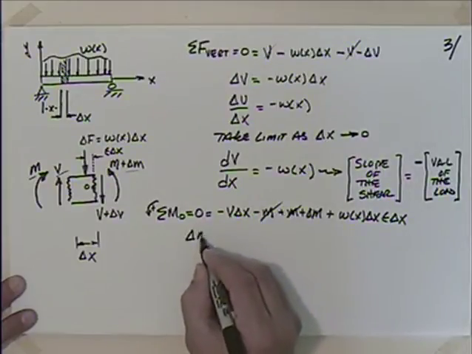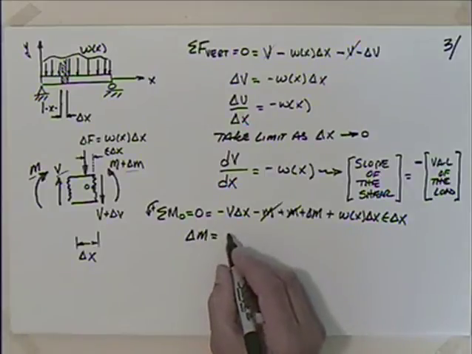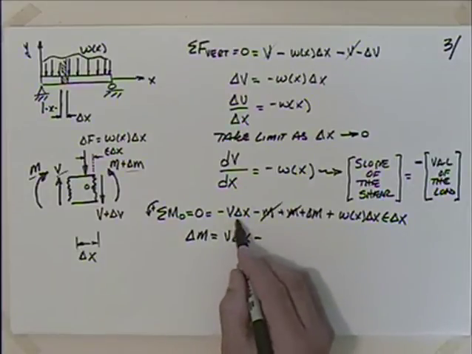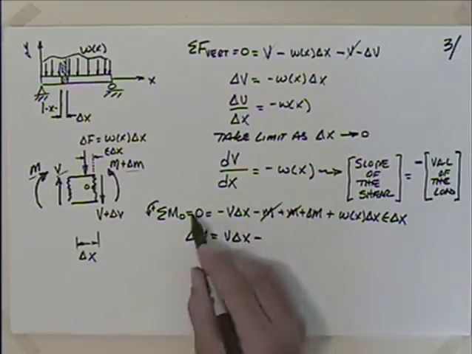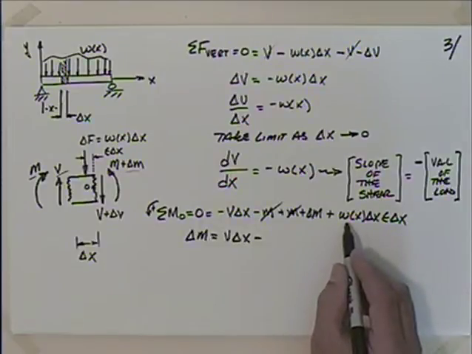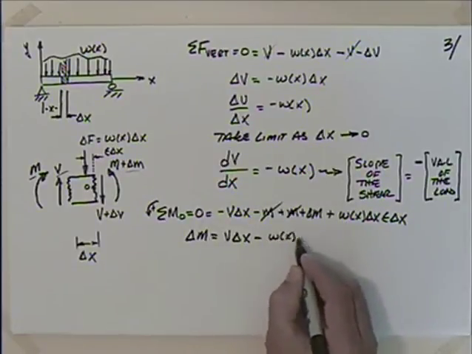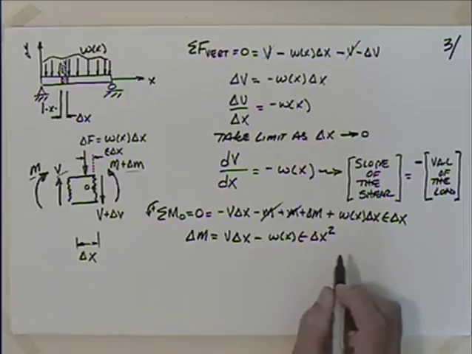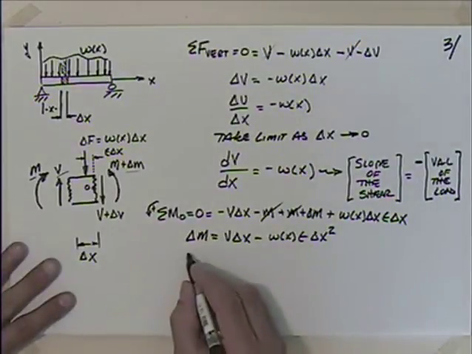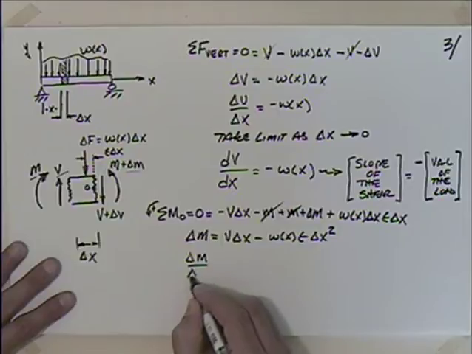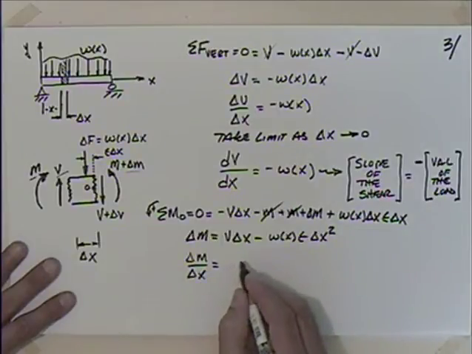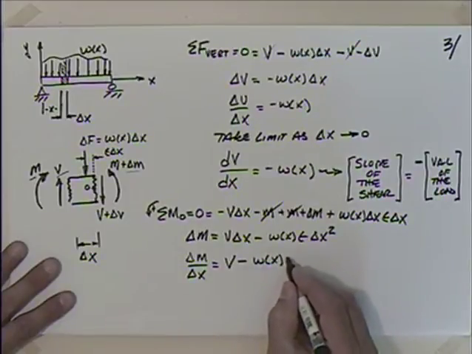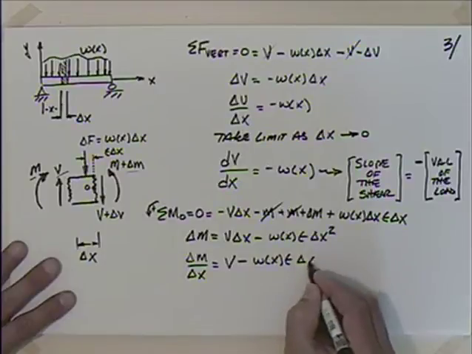Solving for delta M, I get that delta M is equal to V delta X minus, so that term there went to the other side, and then I'm going to have a negative W of X times epsilon times delta X squared. So I could say then that delta M over delta X is equal to V minus W of X times epsilon times delta X.